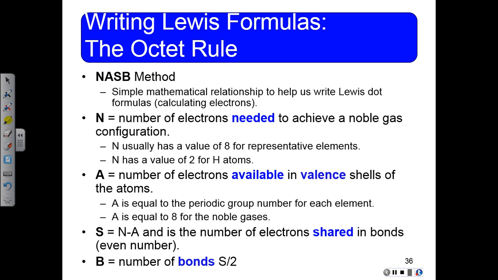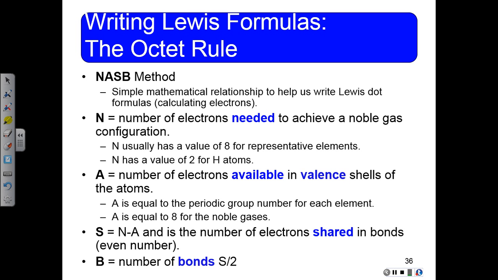S is for shared. So this tells you how many electrons are shared in bonds. All you're going to do is take needed minus available to give you S. This always has to be an even number. If you get an odd number, then you calculated wrong.